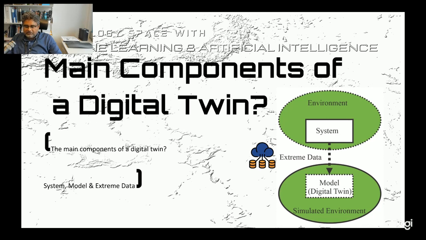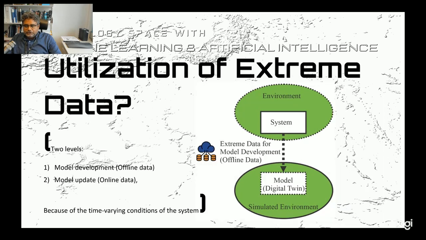So let's talk about how extreme data relates to the development of a digital twin. The utilization of extreme data would be done at two levels. At the first level, we would have extreme data for model development. These data sets can often be offline data sets, which will be utilized to develop the initial model of the digital twin.